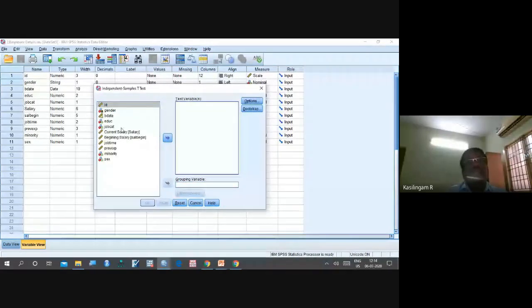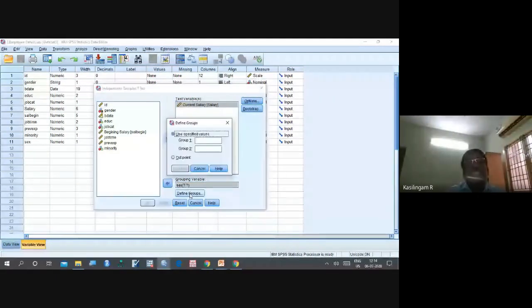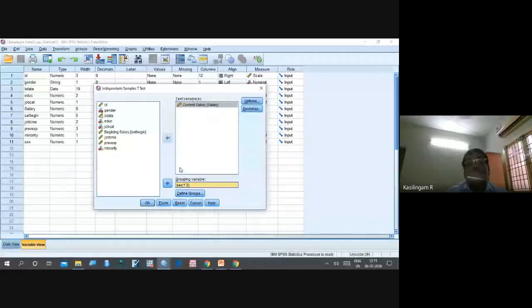Here, current salary is my metric variable. Then sex is my categorical variable. I am putting it under group variable. Now define groups. I have to put 1 for group 1, 2 for group 2, because I put 1 for female or something, right? And 2 for the other category. Okay, fine. Continue and okay.